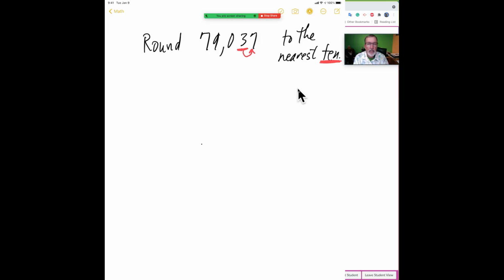And the next thing we do is if that number on the immediate right is 5, 6, 7, 8, or 9, then this number that we are rounding to is incremented by 1. It goes up by 1, okay? So if 5, 6, 7, 8, or 9, then increment by 1. That just means add 1, right? And so that sounds pretty simple, but if this was a 9 and you incremented that by 1, it would become a 10.